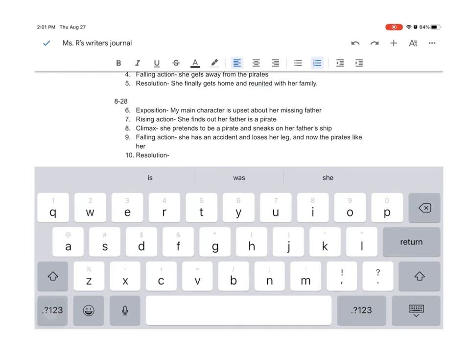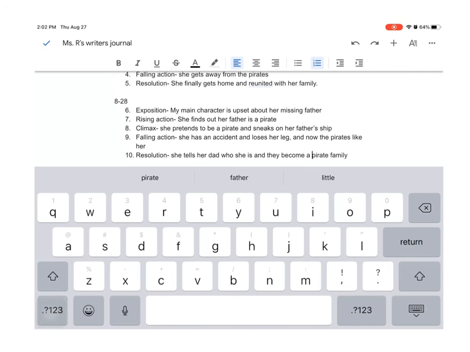And then maybe at the end she tells her dad who she really is, and they just become pirates together. They become a pirate family. How about that?